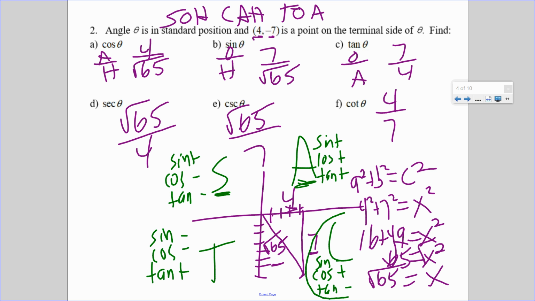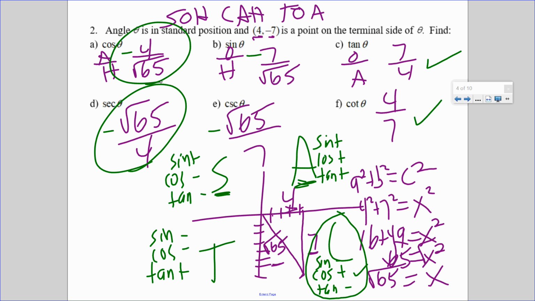In this question, the triangle is in quadrant 4, which means cosine is positive. So these are good, but everything else is negative. And remember, we said in that same lesson, when I do the reciprocal of something, I don't change the sign. Oh my God, I put the wrong answers there. That's really annoying.